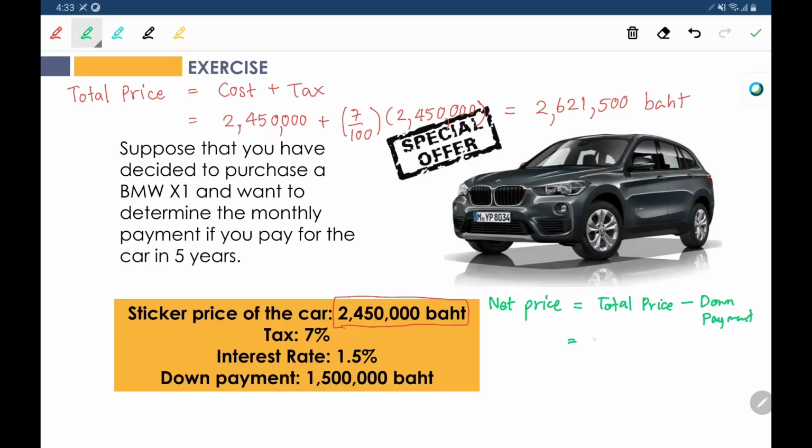The total price is 2,621,500 minus the down payment 1,500,000 baht. So the net price for this car is 1,121,500 baht. Okay. This net price is going to be the principal.